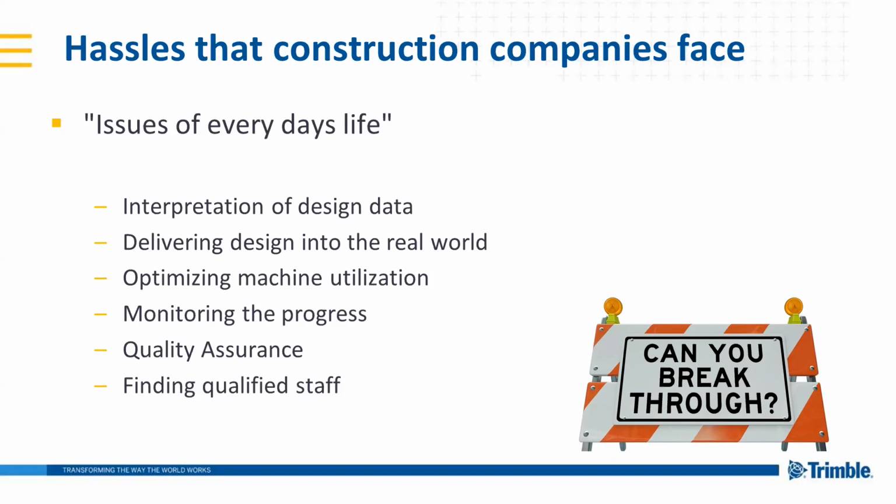That's often an issue, because if you don't know where you are in your car, you cannot go around that traffic jam. You only know that by knowing where you are and what you do. So monitoring progress is a pretty important topic at the moment. Along with quality assurance, for example for compaction, is also an increasing topic: quality of compaction data and sending that back for quality assurance.